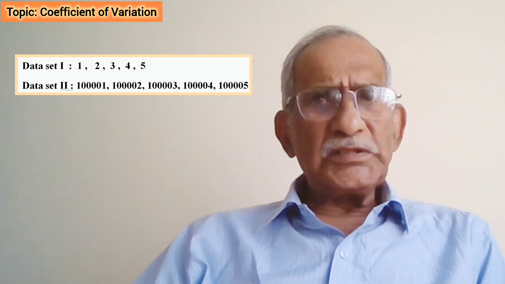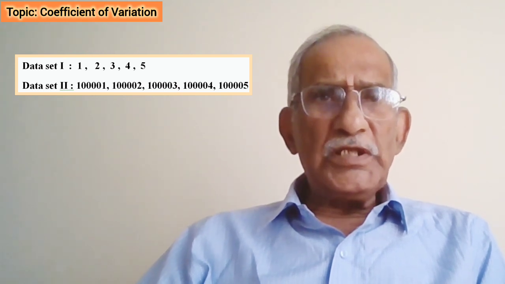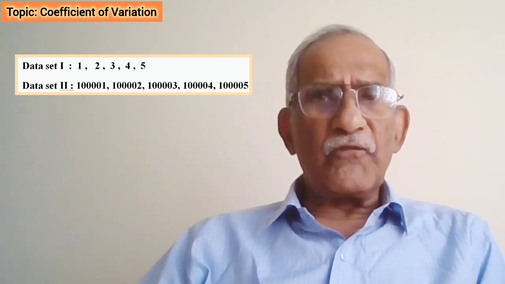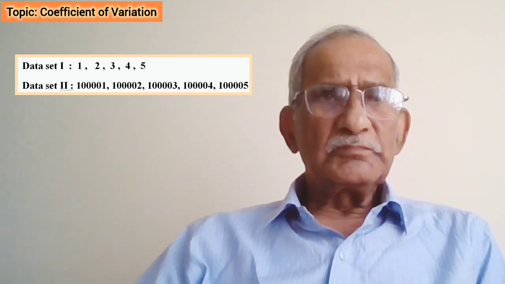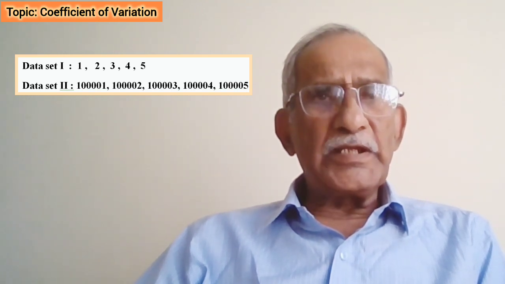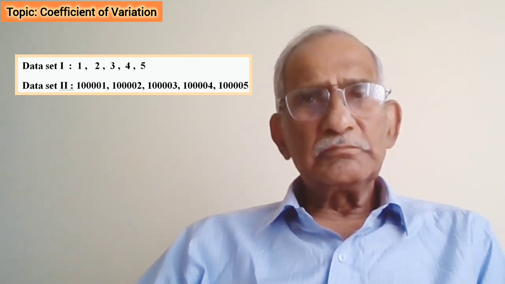Would a person whom you have to give 1 lakh 1 rupees and you give him 1 lakh 5 rupees instead have the same pleasure as that beggar gets? Certainly not. Then how can we say that variation in both the data sets is the same?